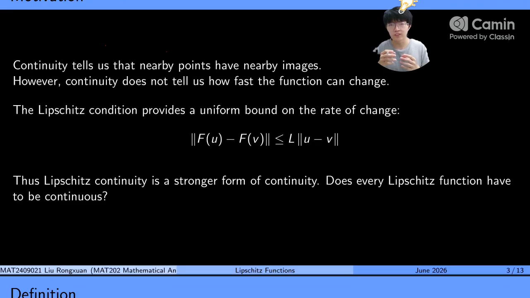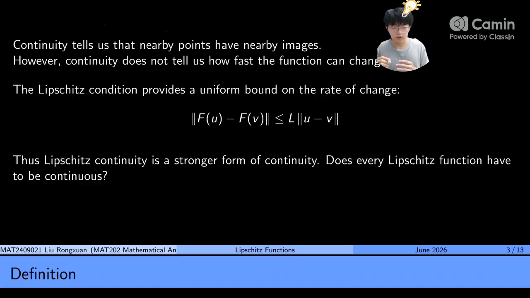Then the uniform condition comes in and provides a uniform bound on the rate of change. This is a formula I will introduce later. Lipschitz continuity is a stronger form of continuity. Here's a question: does every Lipschitz function have to be continuous?